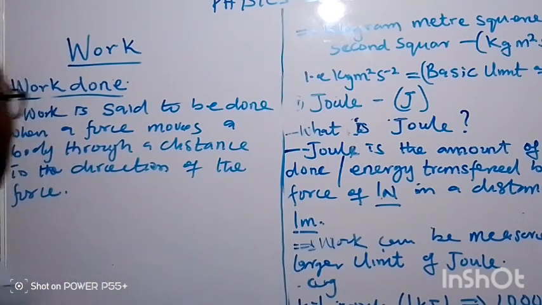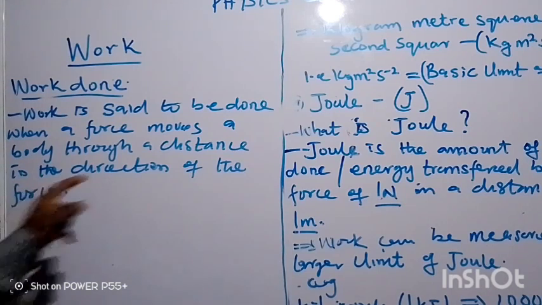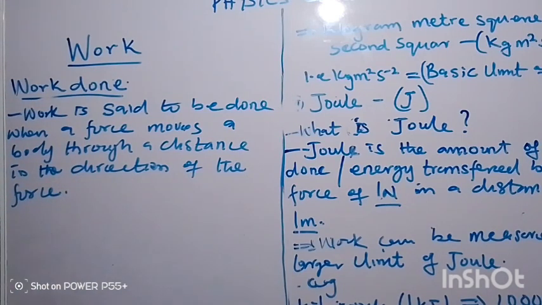That is, work will be done when a force moves a body through a distance in the direction of the force. That is when work is said to be done.